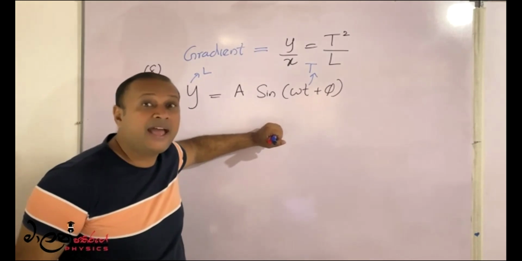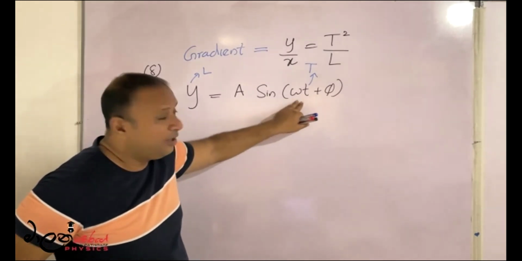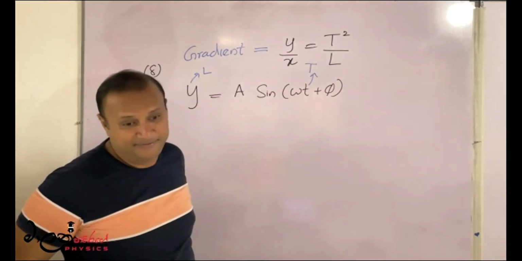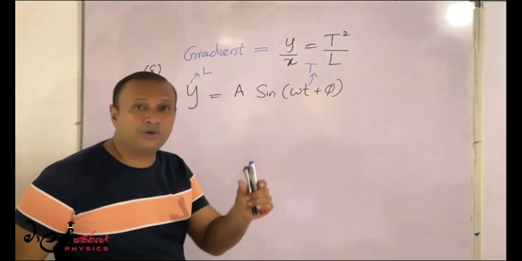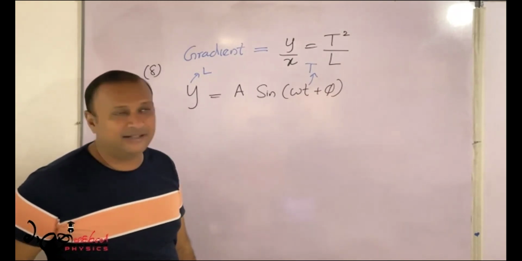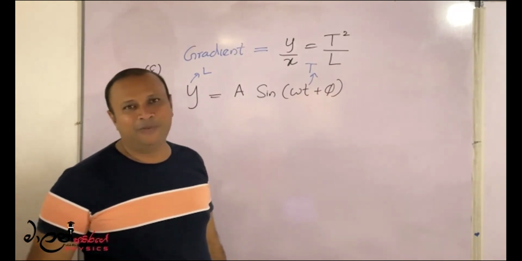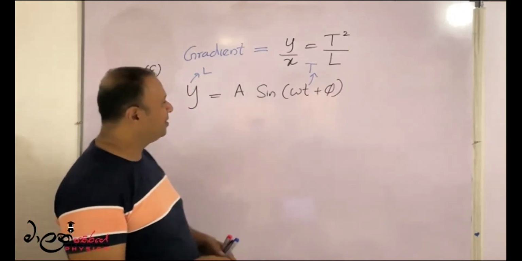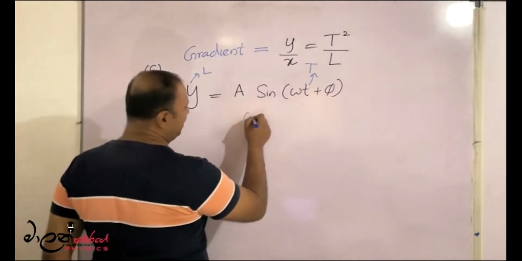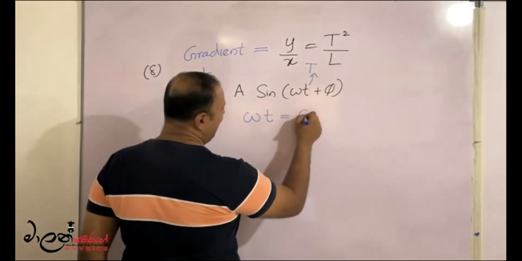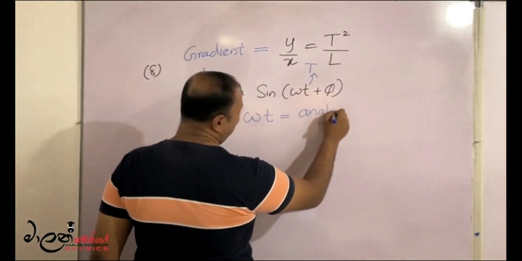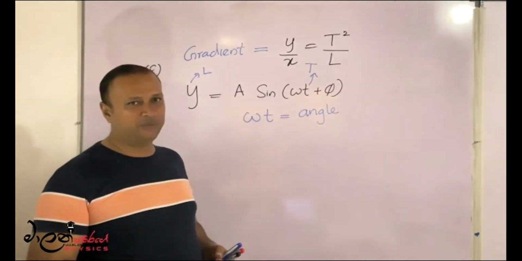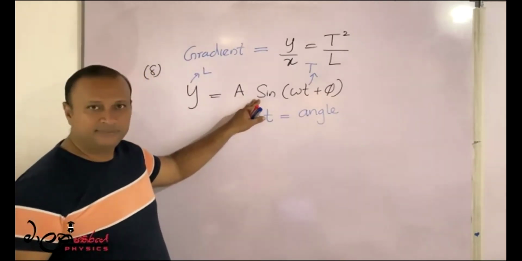Because in a trigonometric function, this is an angle. So omega t is an angle. So due to omega t being an angle, definitely omega should be equal to t minus 1. Omega t is an angle.